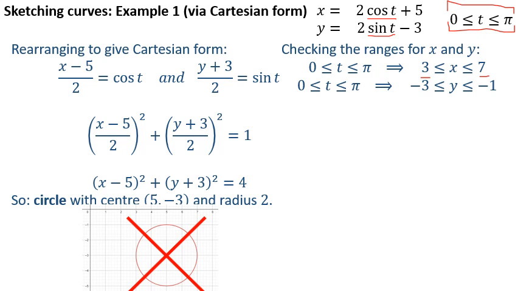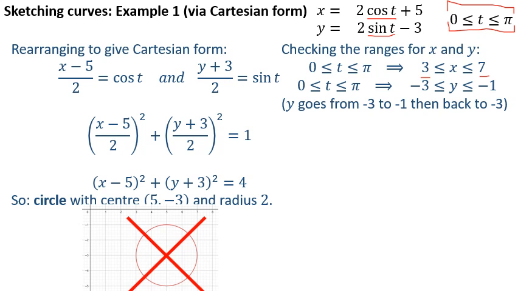So while x starts at 7 and goes down to 3, y starts at -3 and goes back to -3. But in between, we get sine of pi by 2, which is 1, multiplied by 2, which is 2, take away 3, which is -1. So the -1, the high point of y, happens somewhere in between. So y goes from -3 up to -1 and then back down to -3.